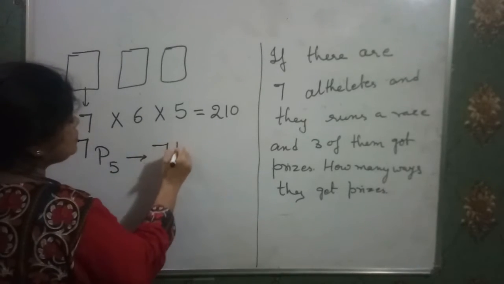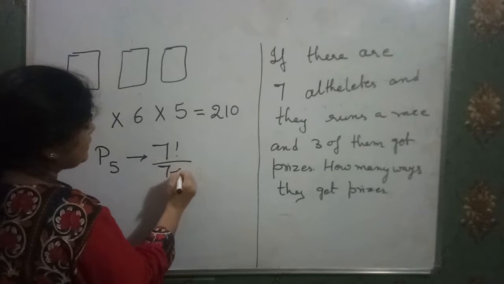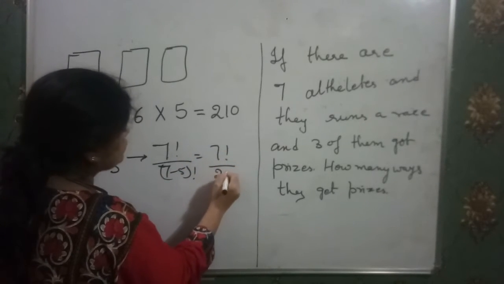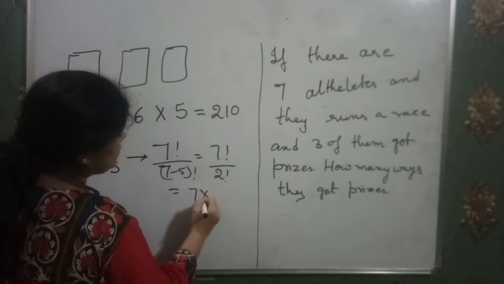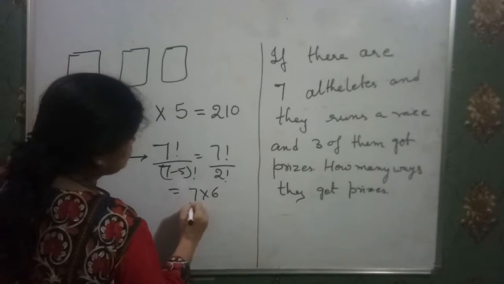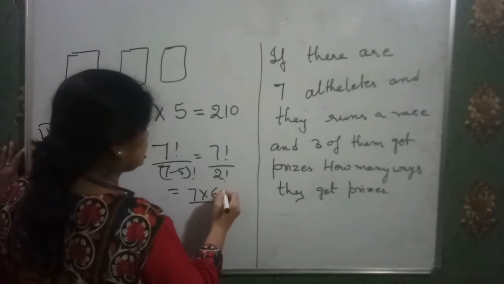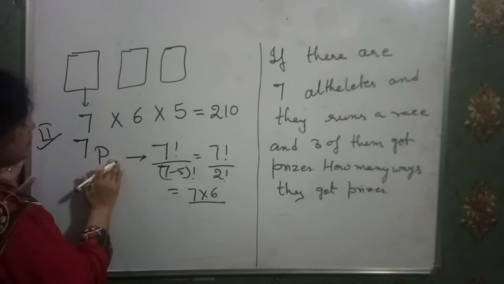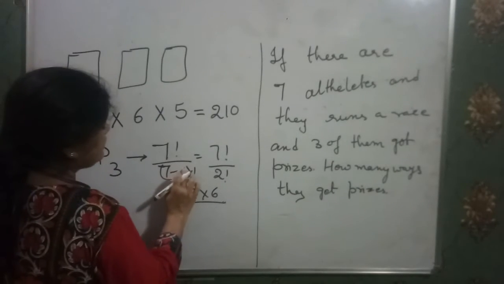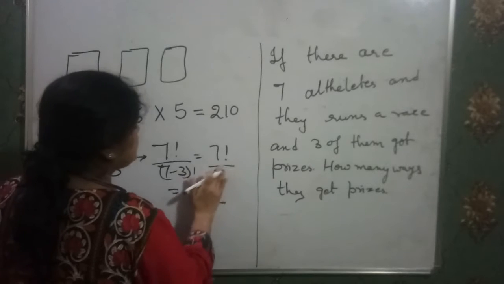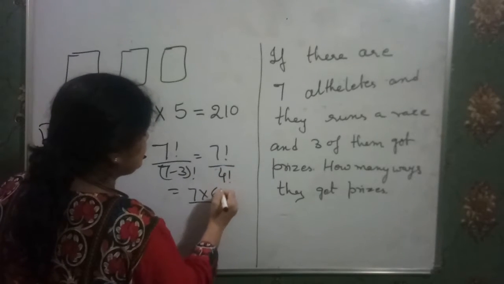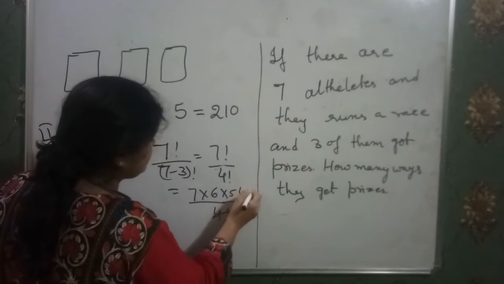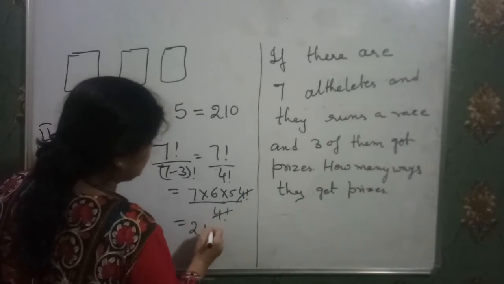We have 7 factorial over 7 minus 3, that means 4 factorial, so we have 7 into 6 into 5, and 4 factorial gets cancelled, so we have 210.